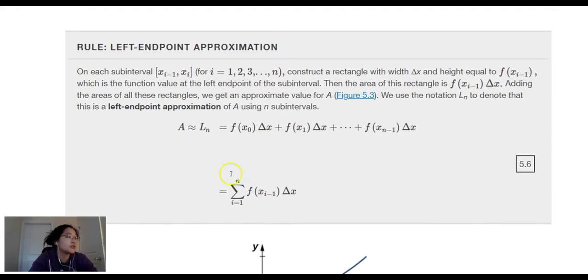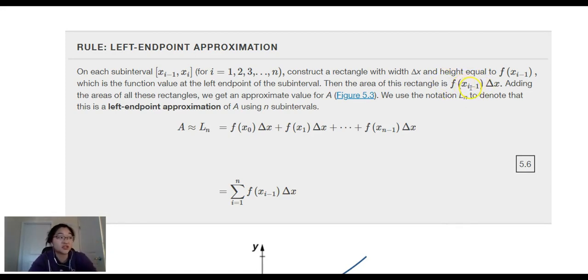And look at this. We have a left endpoint approximation, or left Riemann sum, on a regular partition, where the area of our rectangle is found by evaluating our function on the left side.